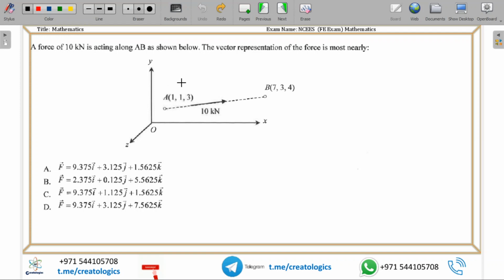So 10 units is the magnitude, it means you need a unit vector in this direction only. That will work. So your required answer or final answer F vector is going to be this magnitude value which is 10 times a unit vector of AB.